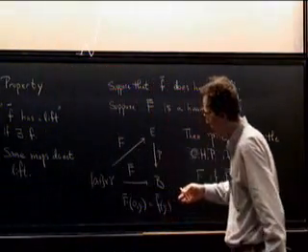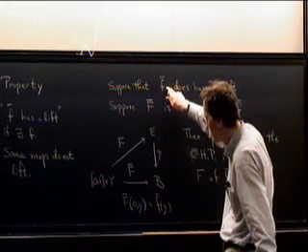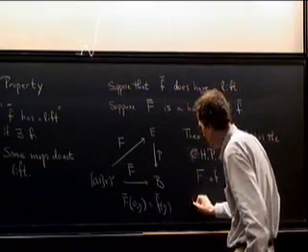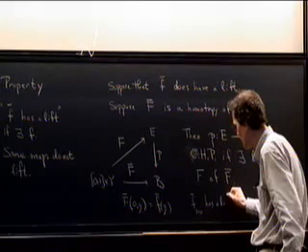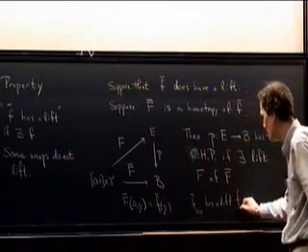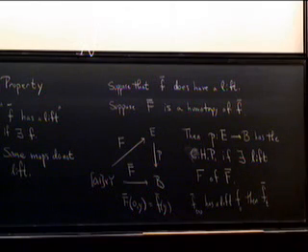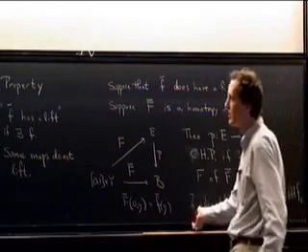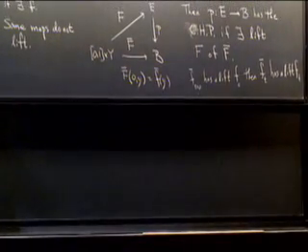So what I'm saying is if at initial time t equals 0, F bar has a lift, call it F sub 0, then F bar sub t, the deformation at time t, has a lift F sub t. Okay, so that's the definition of the covering homotopy property.